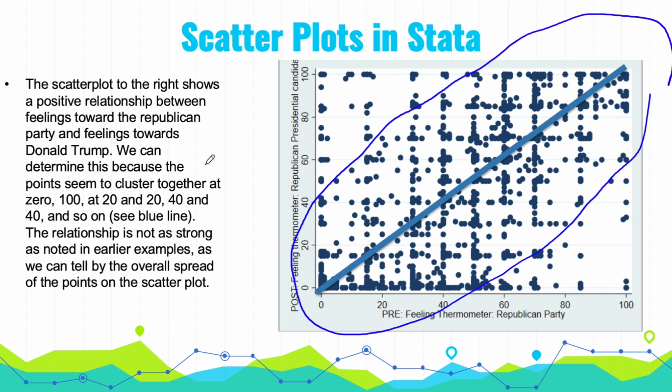However, we can determine that because the points seem to cluster together at 20 and 20 and 40 and 40 and so on, there is some relationship. It's just not a strong relationship as noted in earlier examples. We can tell this because we see a lot of spread of the data. The points are spread apart and not very close to this line that we've added to our graph.